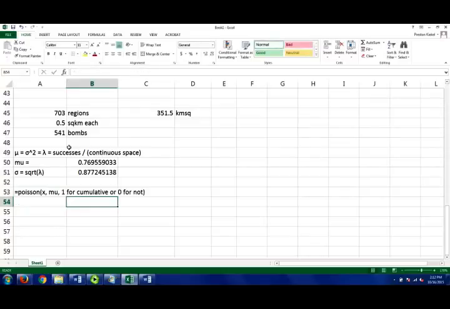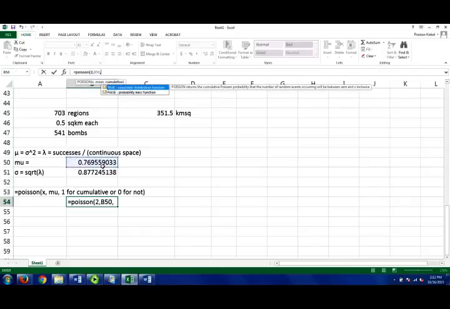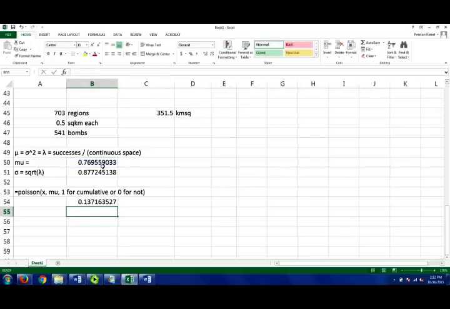So X is 2 successes. Here's the mean. And I do not want it to be cumulative. I want exactly 2, not 2 or fewer. So hit enter, and there it is. That's the probability, 0.137.